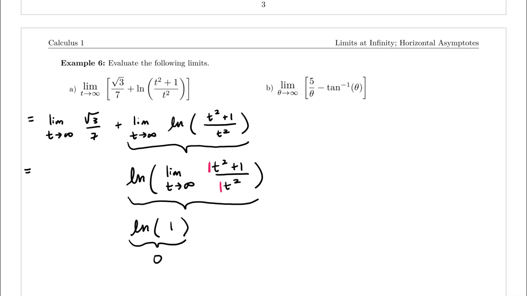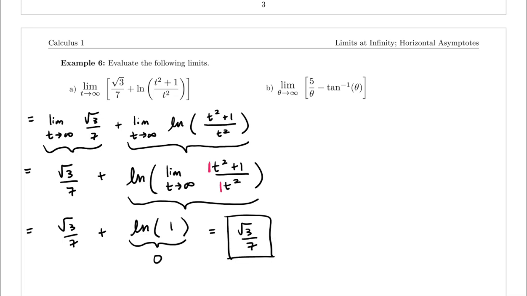Now, we can take the limit as t approaches infinity of this thing. This is a constant, and so the limit would just equal the square root of 3 over 7. And so our final answer is the square root of 3 over 7 plus 0, which is just this. That's our answer for part A.